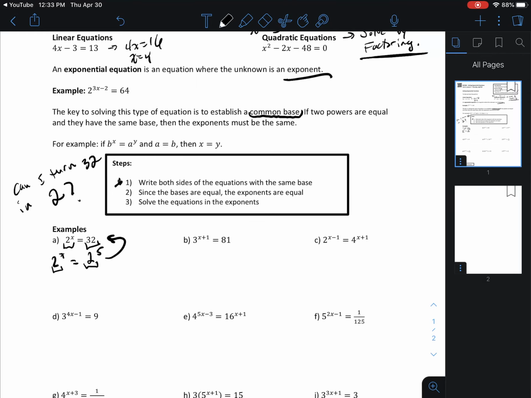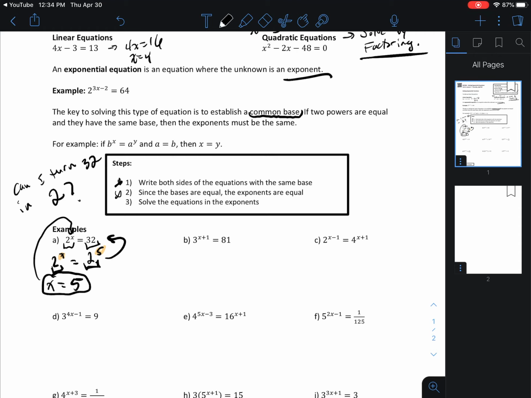Well, turns out that if I put 2 to the power of 5, that's equal to 32. So now that the bases match, you can go to step 2 here. Since the bases are equal, the exponents must be equal. So here are your exponents. Therefore, in this particular question, x must equal 5.